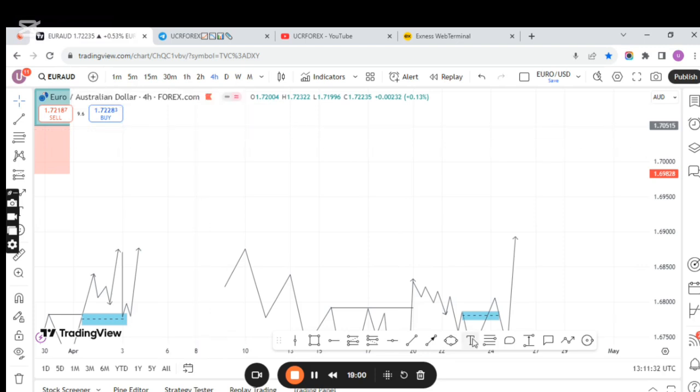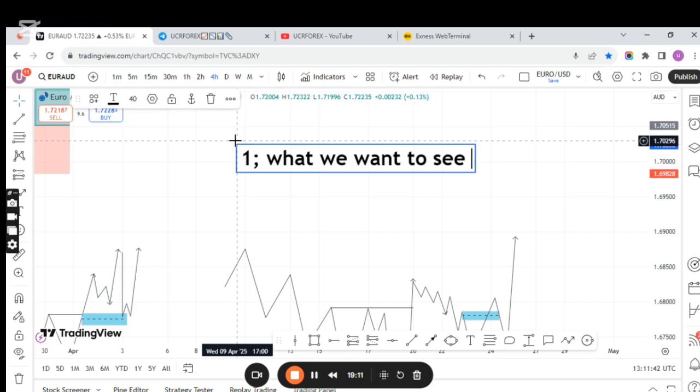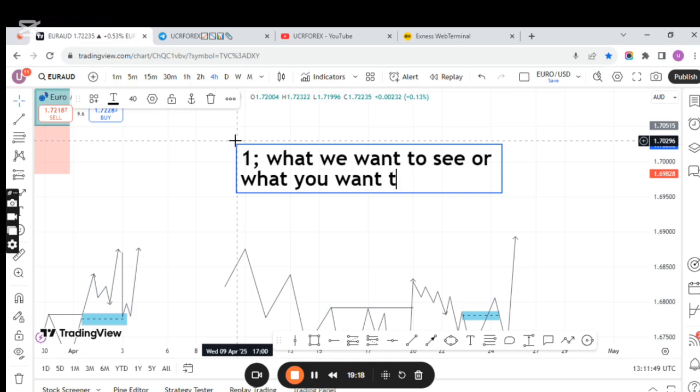Like most of us will come to the chart, there's something we want to see, what you want to see, or what you want the market to do for you, okay?